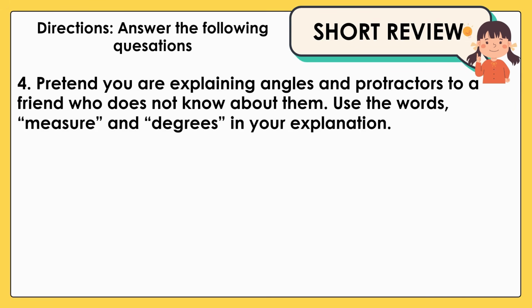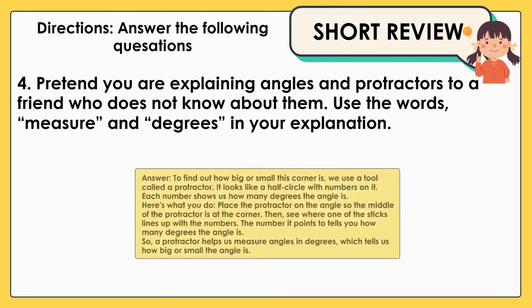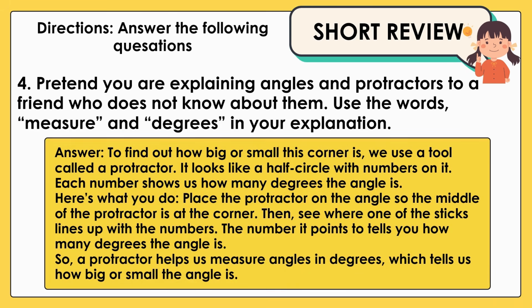Number 4, pretend you are explaining angles and protractors to a friend who does not know about them. Use the words measure and degrees in your explanation. Here is the possible answer. To find out how big or small this corner is, we use a tool called a protractor. It looks like a half circle with numbers on it, and each number shows how many degrees the angle is.